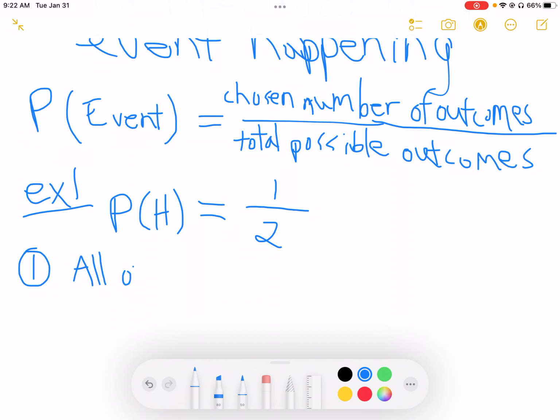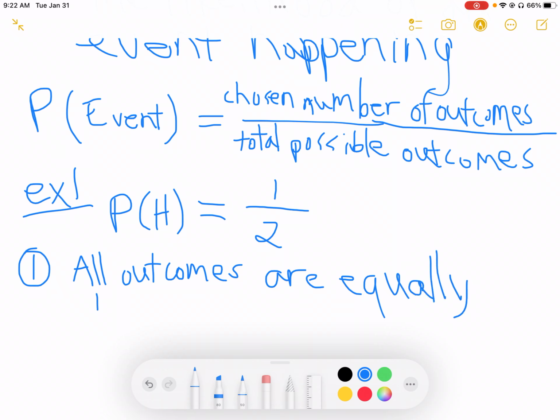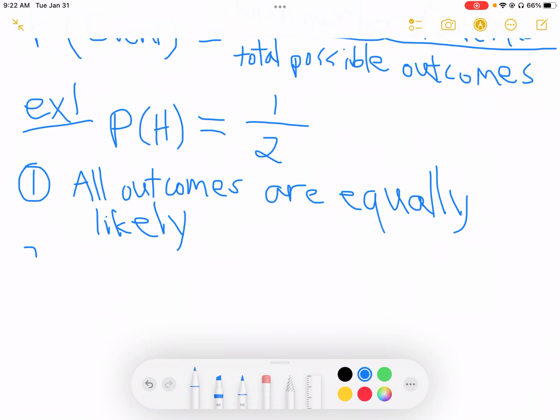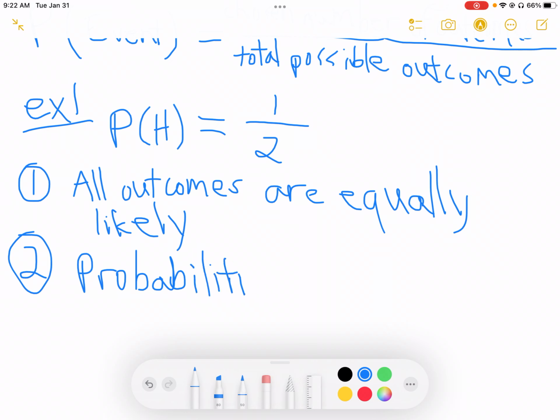And number 2, our probabilities have to add to 1. I'll show you what that looks like in a second.